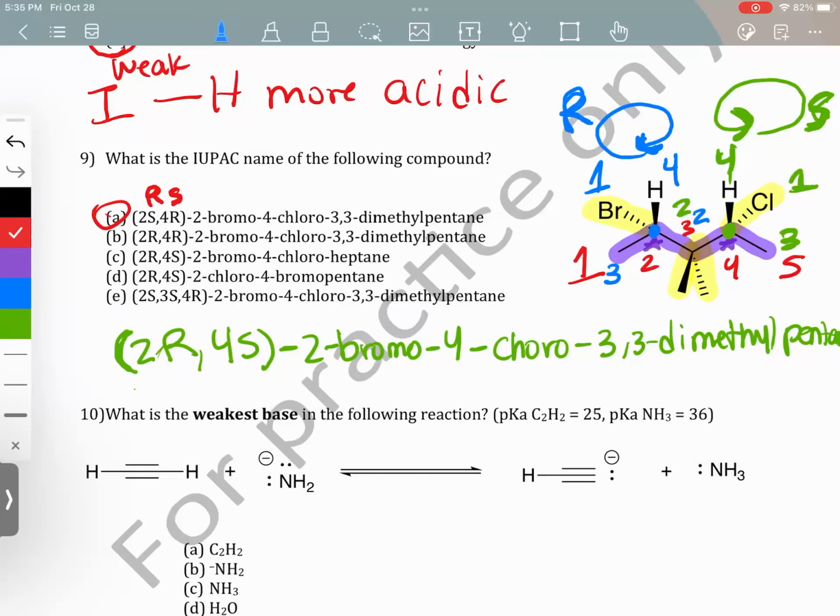It's supposed to be 2R, 4S. Okay, that makes sense. I'm texting him about that because there are a little bit of typos. Last one of the practice exams I went through, there was a little typo as well. So I'm gonna check back with him on that. But it is 2R, 4S, 2-bromo, 4-chloro, 3,3-dimethylpentane.